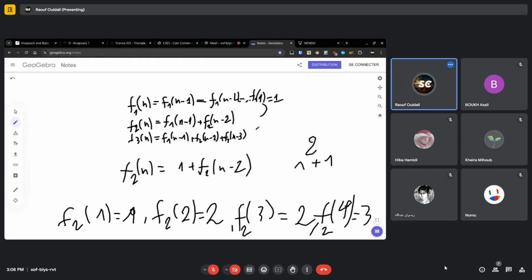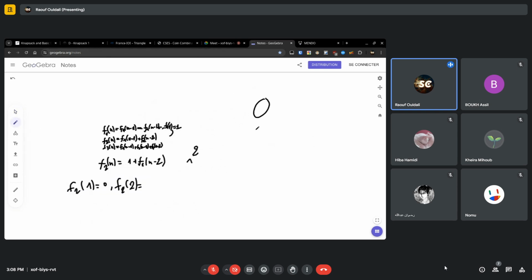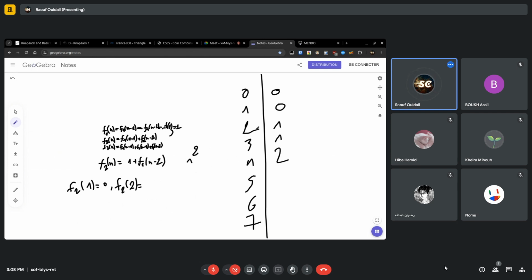So for the function f2, for 0, 1, 2, 3, 4, 5, 6, 7, we get this formula: 0, 0, 1, 1, 2, 2, which implies, we can prove it by induction, that f2 of n is the floor of n over 2. Okay.